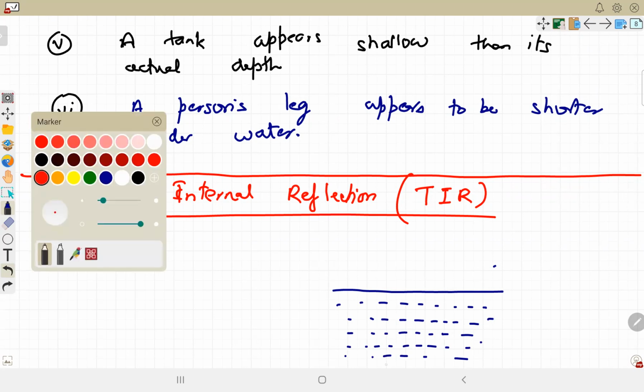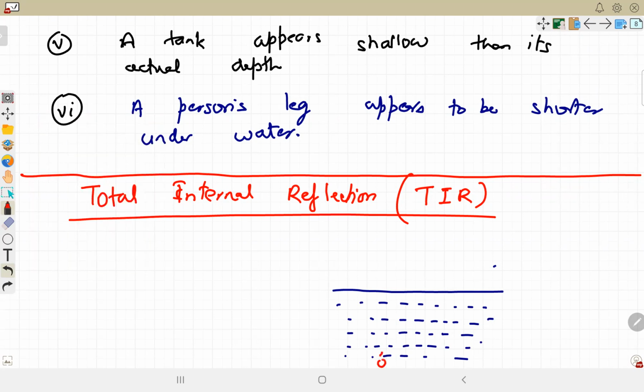There is an object O which is in a denser medium, and the outside medium is rarer. When light goes from denser to rarer, it bends away. The one which is perpendicular goes undeviated. Slightly inclined, angle I is less, angle R will also be less, but sin I by sin R is constant.